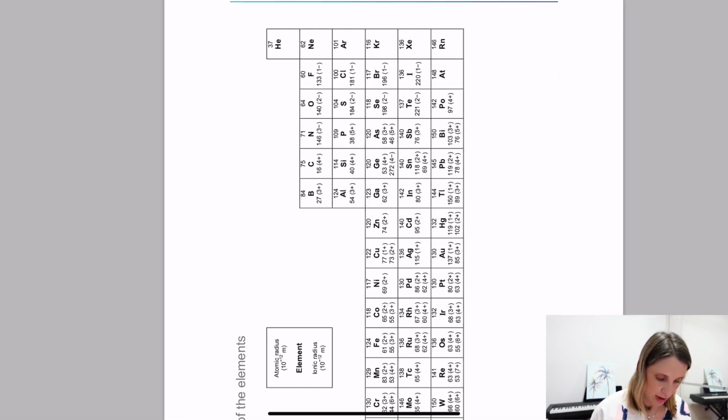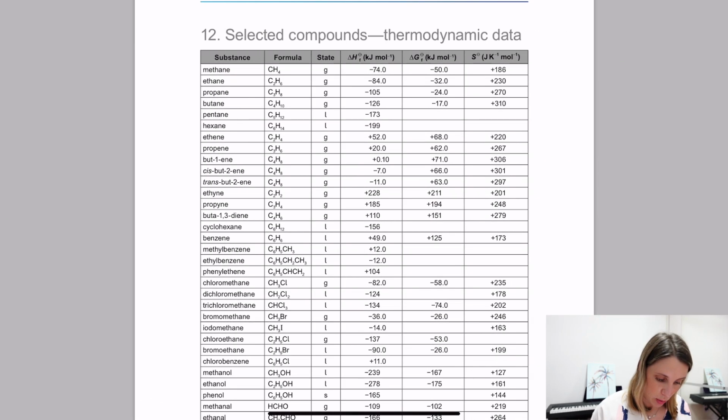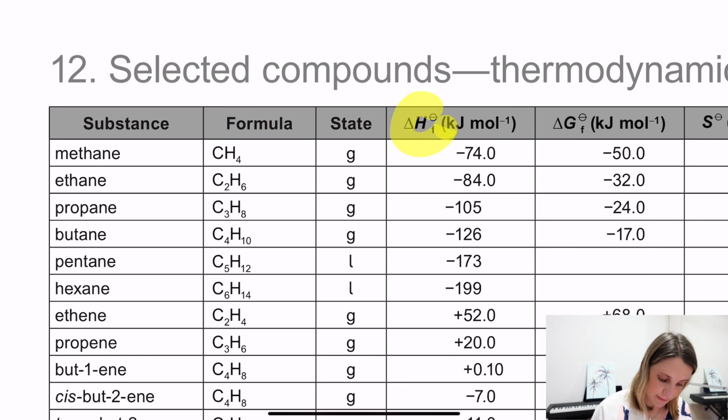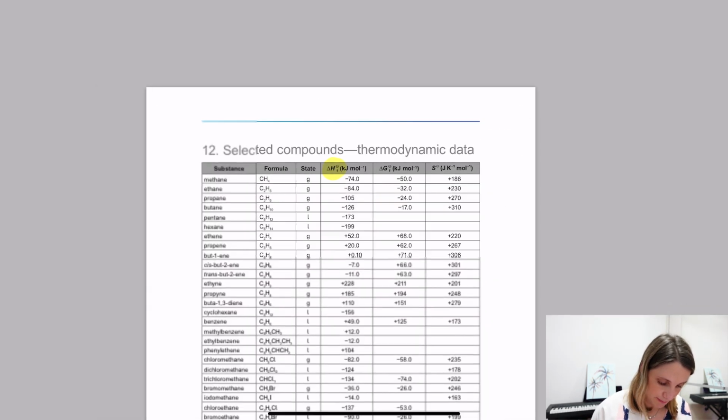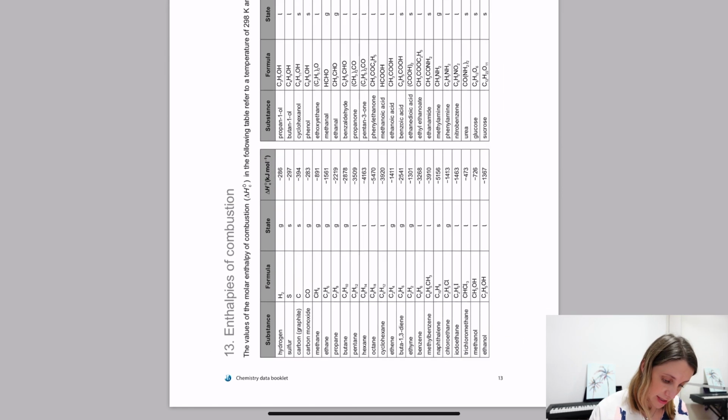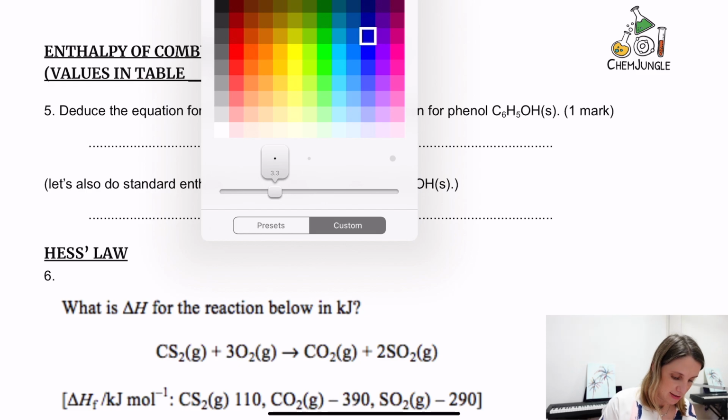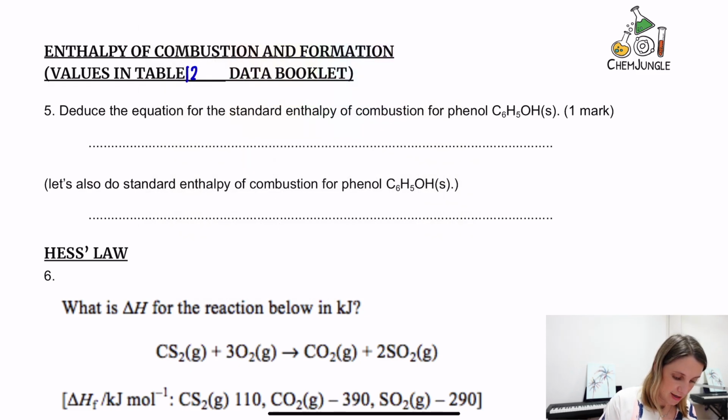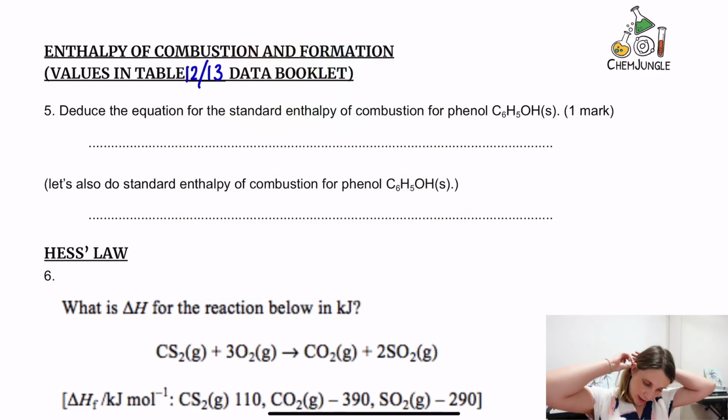So if you go all the way to tables 12, you'll find that there's enthalpies of formation here in table 12, and then in table 13, this whole table is on enthalpies of combustion. So just make sure that you know those values are there in case you ever have to use them in an exam question. So here we'll find these in table 12 and 13 in the data booklet.